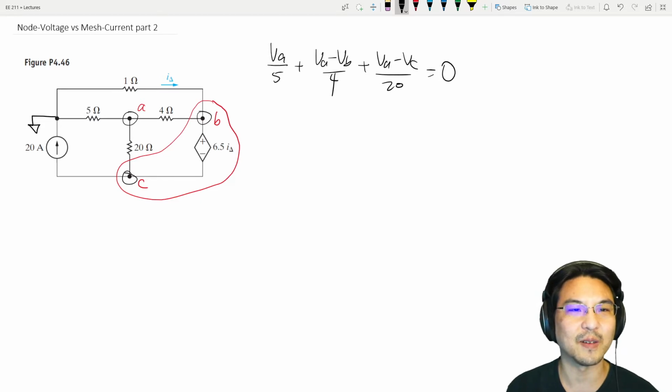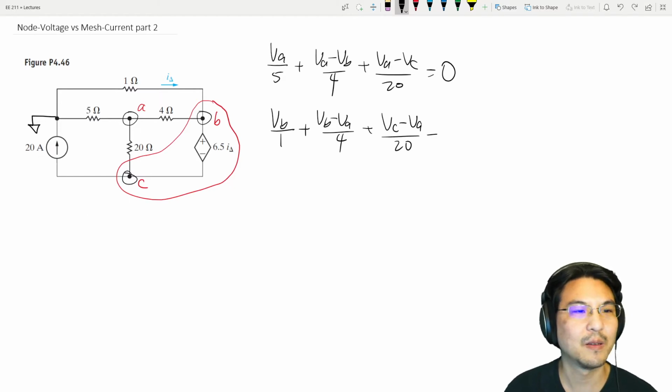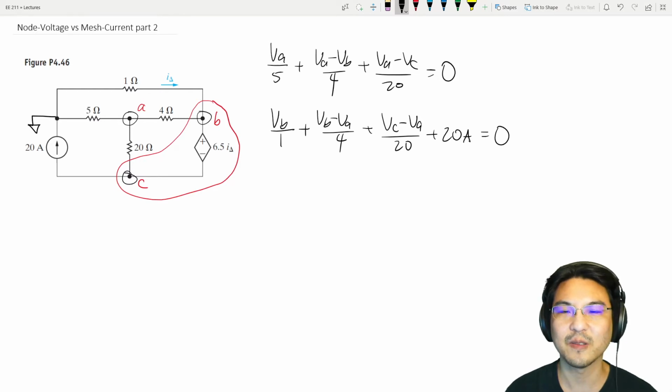Let's start over here, VB over 1, now over here, VB minus VA over 4, and over here, VC minus VA over 20, and then last over here, plus 20. Okay, so we got two equations, three unknowns.